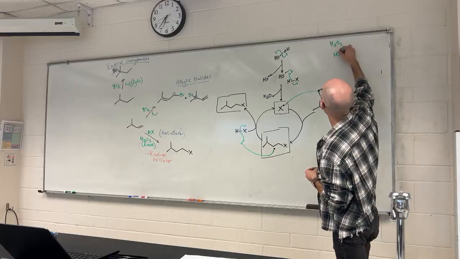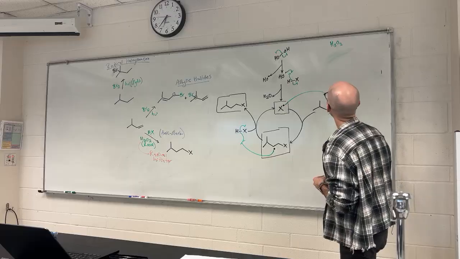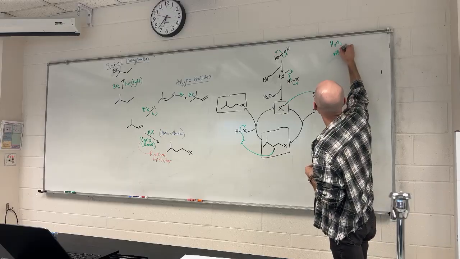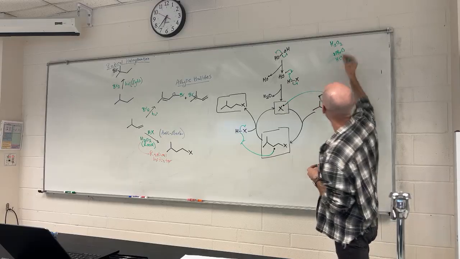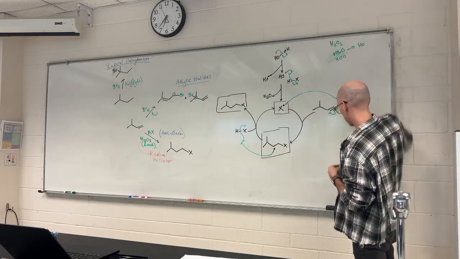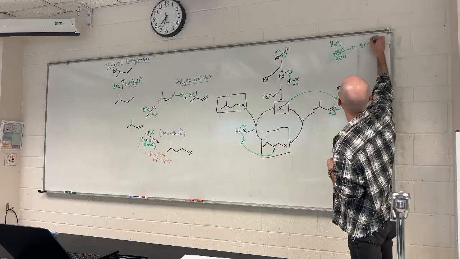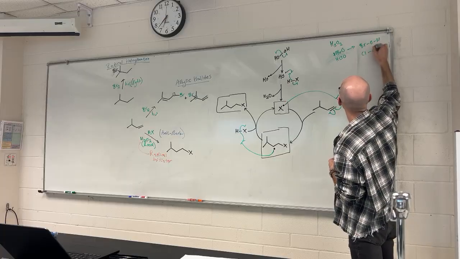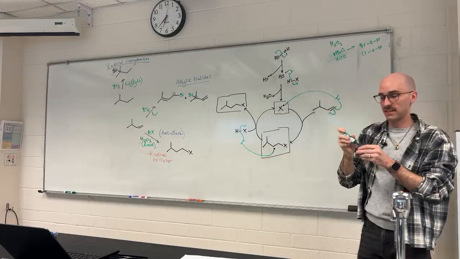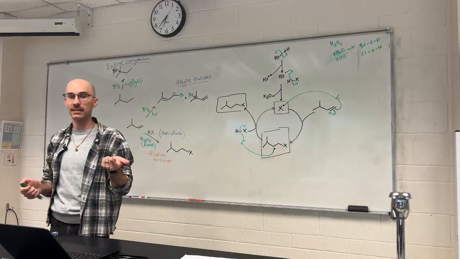So let's imagine that I was dealing with bromine or chlorine. These are how we'd actually write out their chemical formulas, but their structure is Br bonded to O bonded to H, Cl bonded to O bonded to H. That is hypobromous acid, hypochlorous acid.